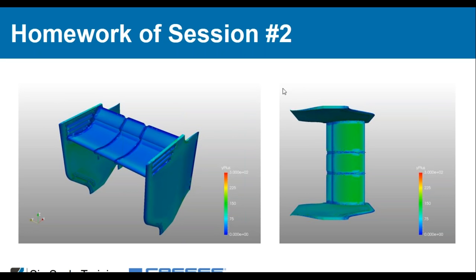Maybe first of all, one of the most important things is that Y plus for this turbulence model, k-omega SST, should be below 200, but not below 1. So we need a value between 1 and 200. Otherwise, we can get some trouble later on when using the simulation to predict something like, I don't know, stall or forces.